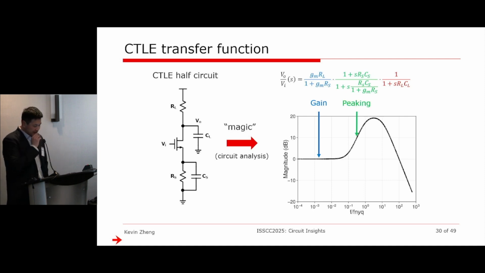The other term is contributing to how much peaking you're going to get in the CTLE. And eventually, there will be a term that's related to the roll-off. Okay? So if you ever design a CTLE, those are the 3 sections that you have to think about. Right? As you can see, if I push the parasitics to higher frequency, you might get more peaking, but it could still be limited. The maximum amount is still limited by the middle term. So it's always a game of playing the trade-off between these 3 terms.